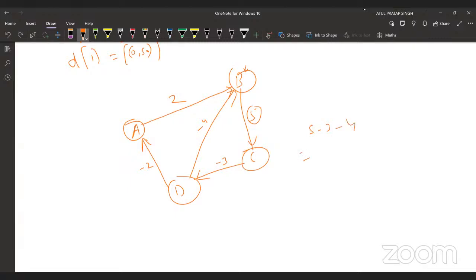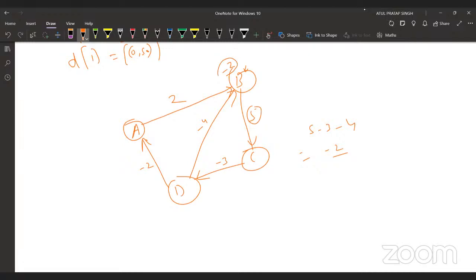So what is the total value? 5 minus 3 minus 4 is -2. So if we get a negative weight after moving along the whole cycle path, that is called a negative weight cycle.